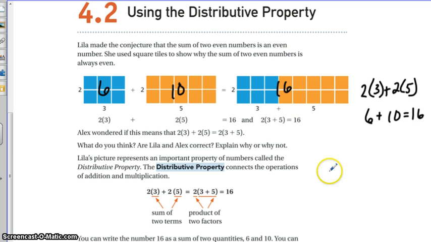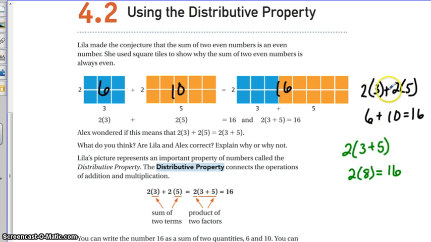But if I take the distributed form of that and say 2 times the quantity of 3 plus 5, we basically solve it using the order of operations, doing the inside of the parentheses first and get 2 times 8, and 2 times 8 equals 16.